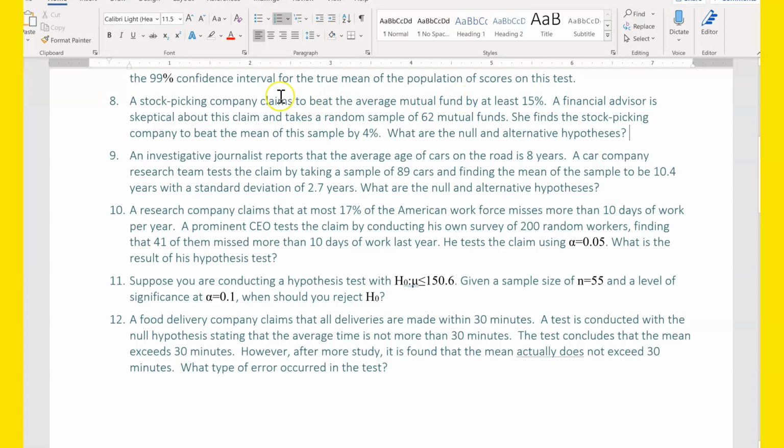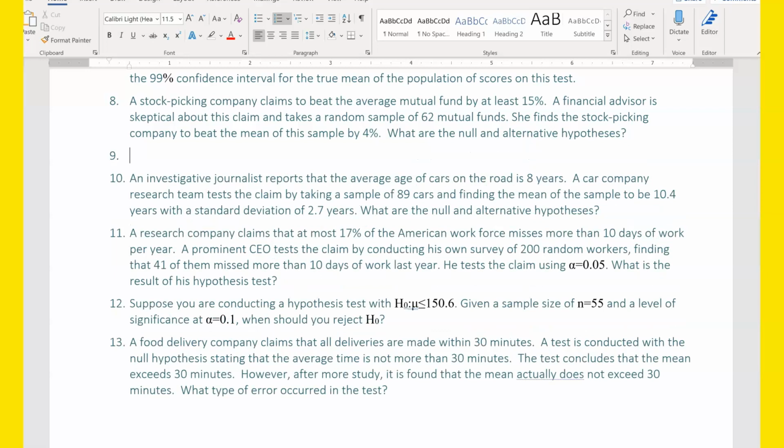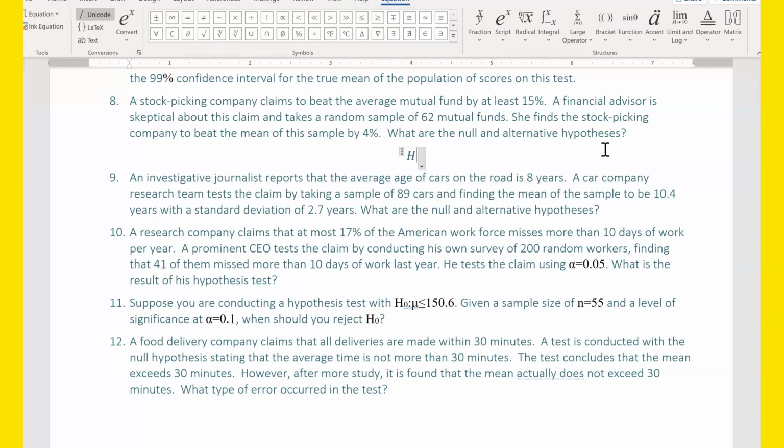So since the company's claim is at least 15%, that means H naught would be mu is greater than or equal to 15% or 0.15, we might say, because that's got the equality in it. And that would be the claim.